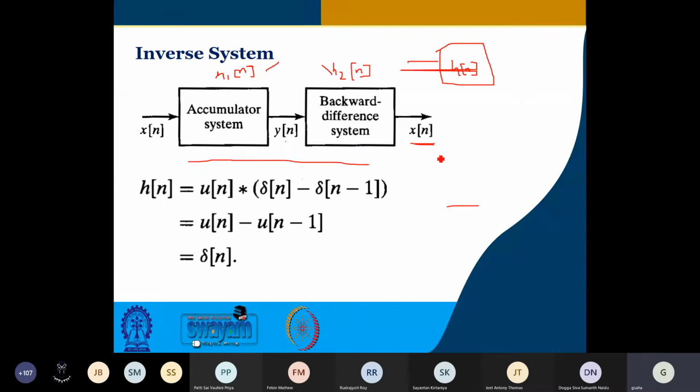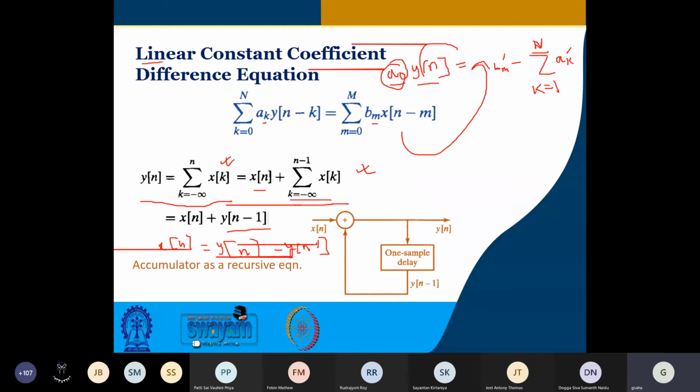We have done it in this manner, which is correct. But I am trying to get an intermediate output and another output, and then we shall match that this output is the same as this output, where the accumulator system can be written the way we have mentioned. Can you quickly work out and write in the chat box?